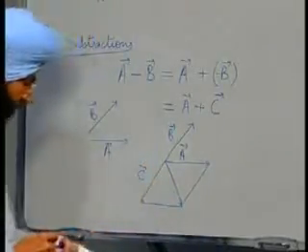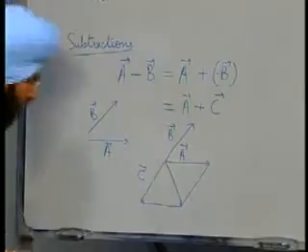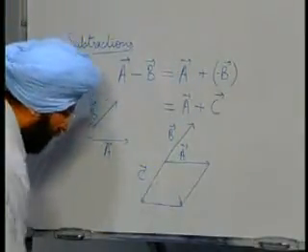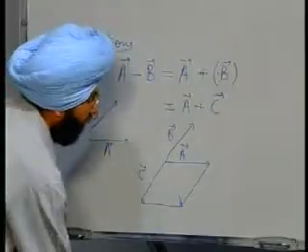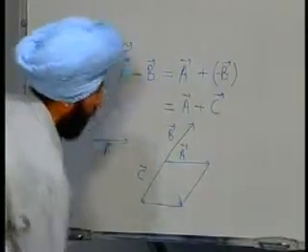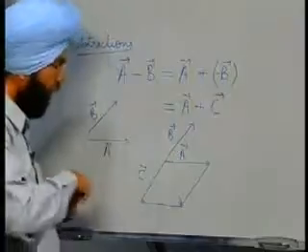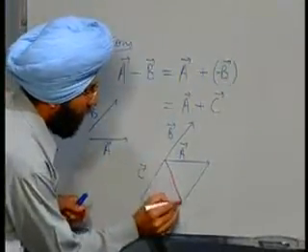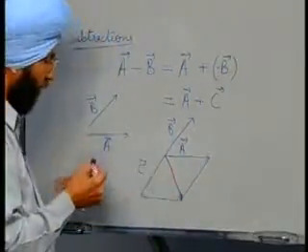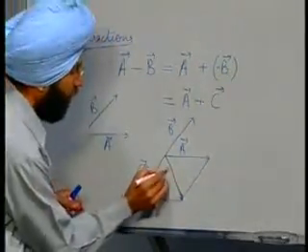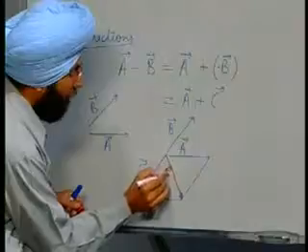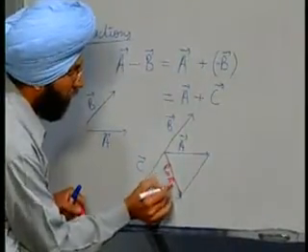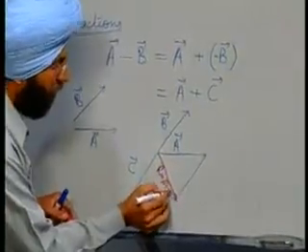The diagonal of the parallelogram gives us the resultant. So, when we are to subtract a vector from another vector, what we do is we take the negative of the vector and add it to the vector from which it is to be subtracted.